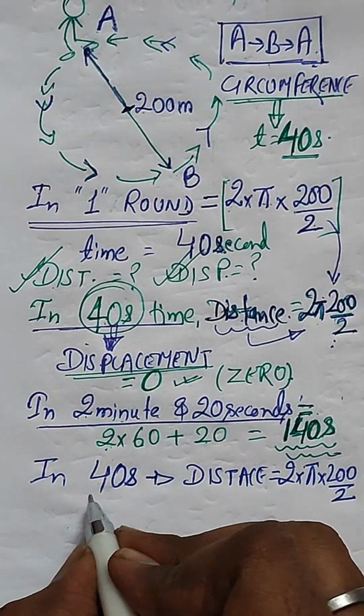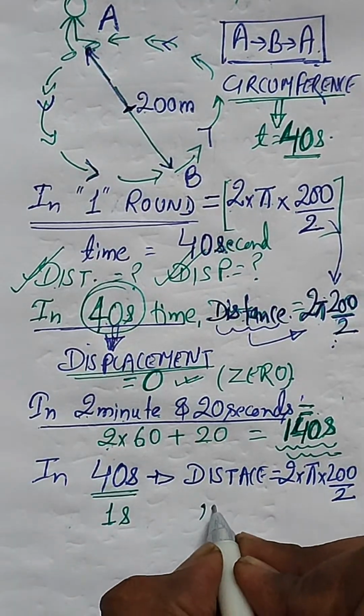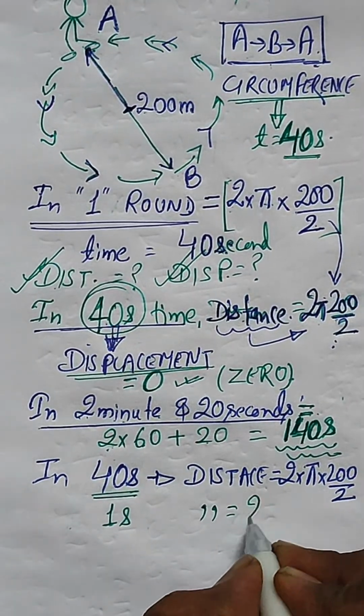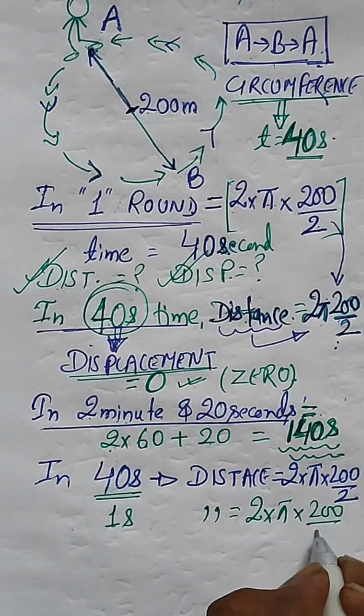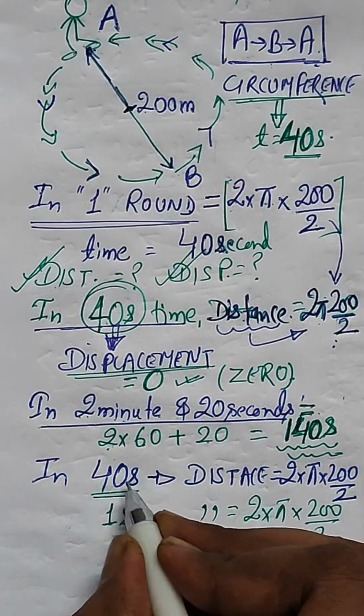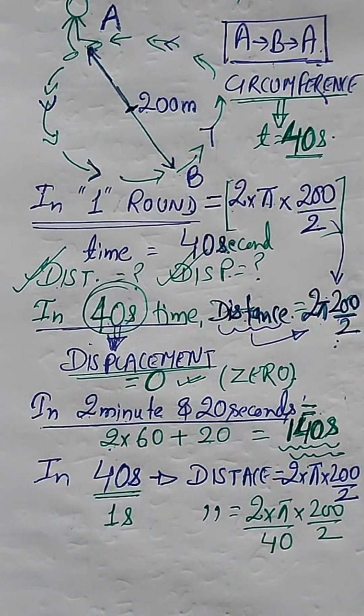So in 1 second, just apply the unitary method, distance will be 2 into pi into 200 by 2 divided by 40, right? Just like the unitary method.